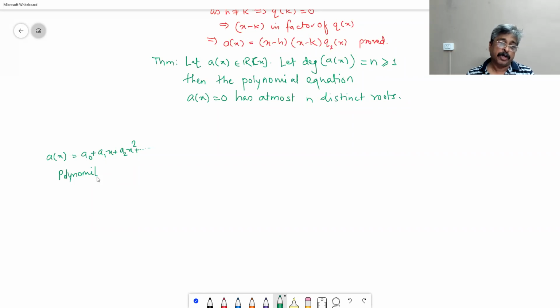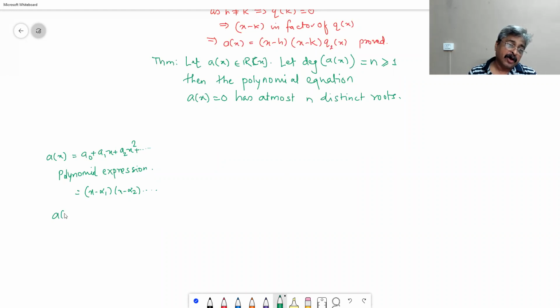Maybe we can call it a polynomial expression. And a polynomial expression may have factors x minus alpha 1, x minus alpha 2, something like that. Right? Linear factors like this or quadratic factors like this.